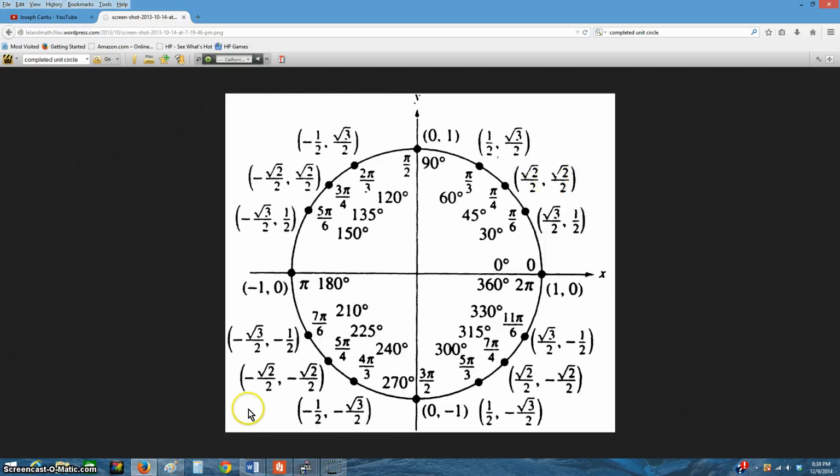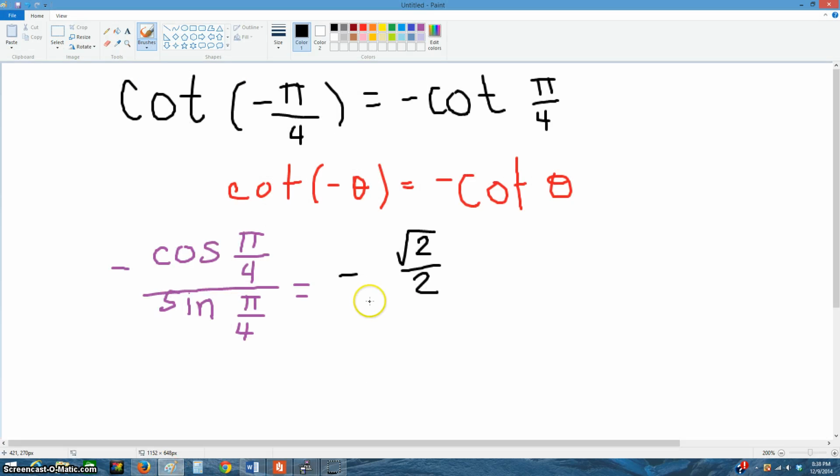Likewise, sine is radical 2 over 2. So we really have negative and then radical 2 over 2 over radical 2 over 2. Now, anything over itself will reduce to 1. So all of this reduces to 1, but you also have this negative in front, so our final solution will be negative 1.